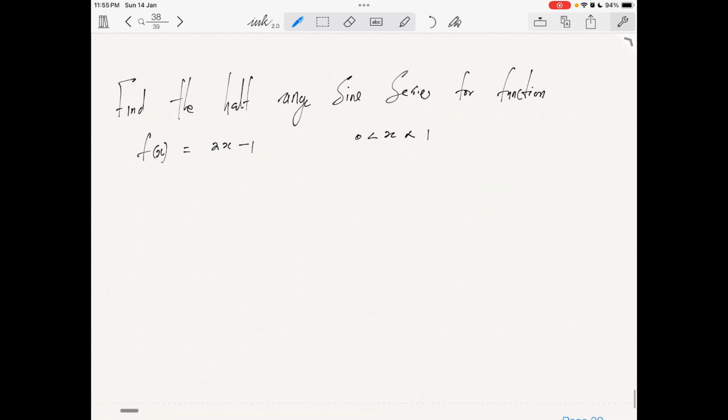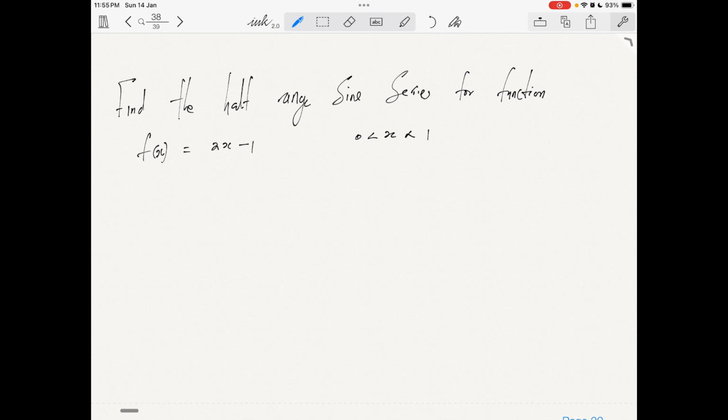In the previous video, we solved the question on Fourier series over any range. Now here we'll be solving a Fourier sine series over the range of 0 to 1. This also falls under the Fourier series function over any range.